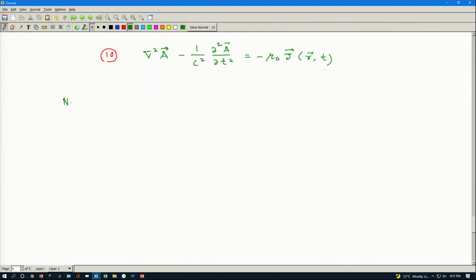So now, both the equations, which equations?